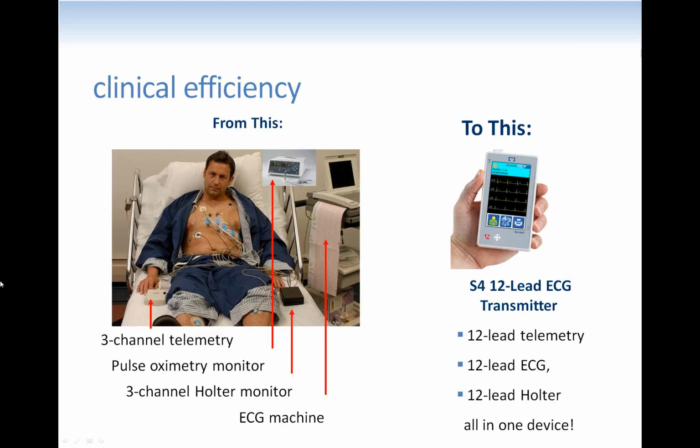If you look on the right, we have reduced all those technologies down to a single telemetry transmitter that can do 12-lead ECG, just like you would with an electrocardiograph, 12-lead telemetry rather than a 3-channel telemetry transmitter, and 12-lead Holter.